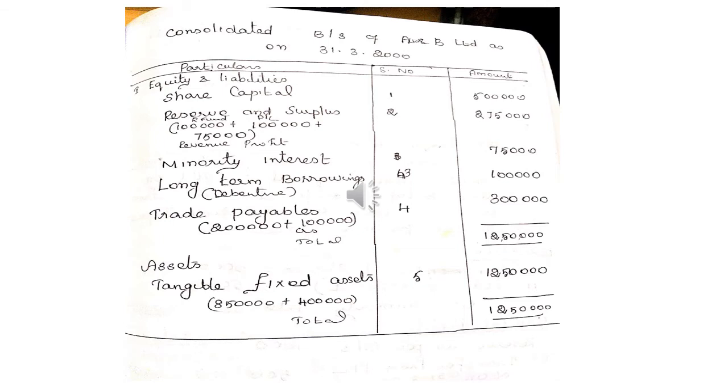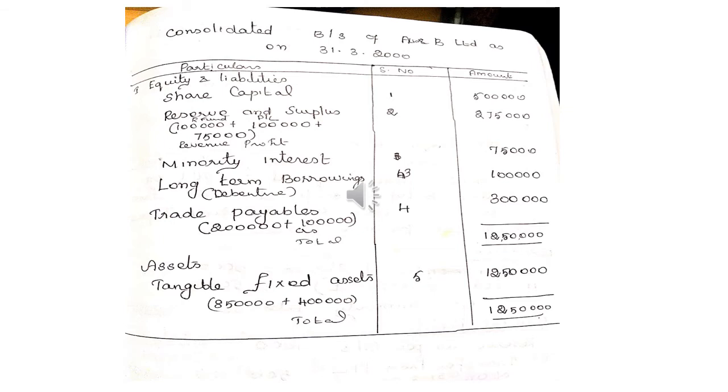And we have to add revenue profit of 75,000. So the total is 2,75,000. Minority interest we have calculated; the amount is 75,000. Long term borrowings, that means the debenture amount, is 1 lakh. Trade payables for the holding and subsidiary company is 3 lakh. So the total amount is 12,50,000.